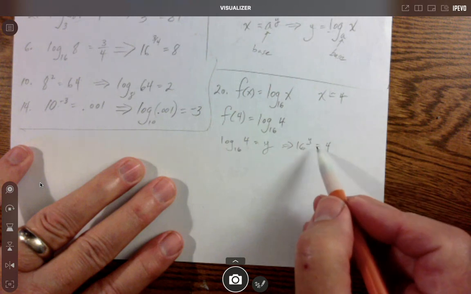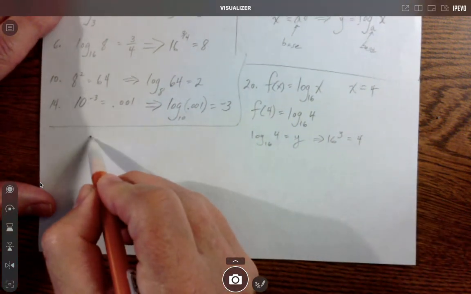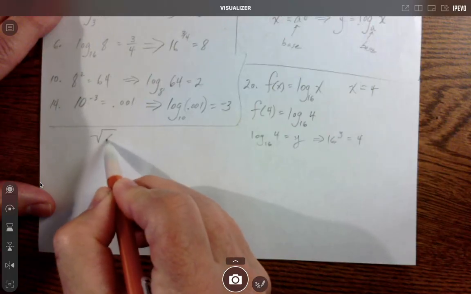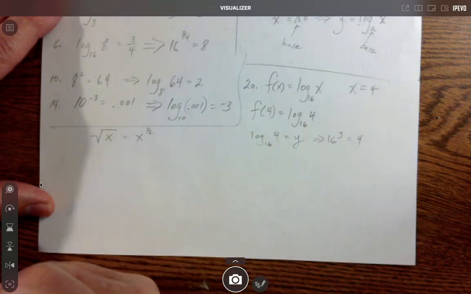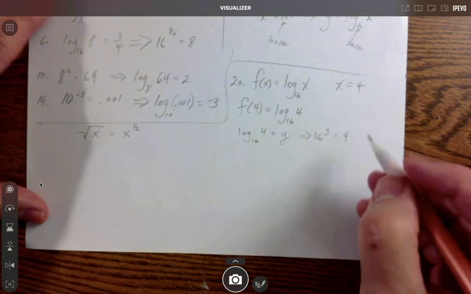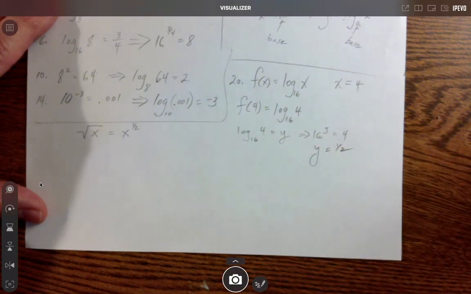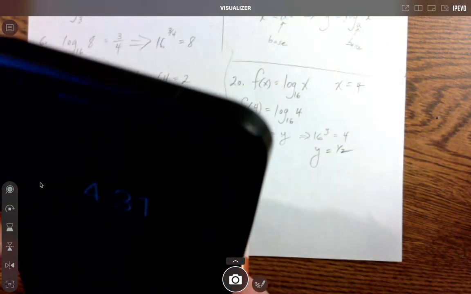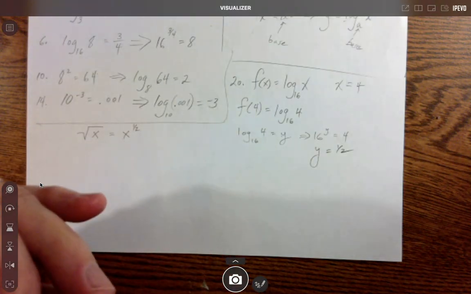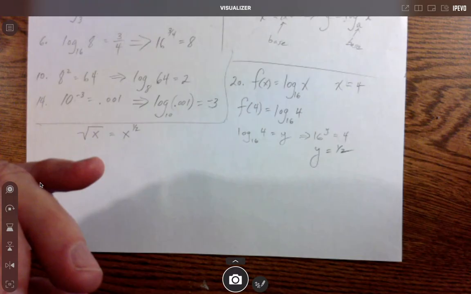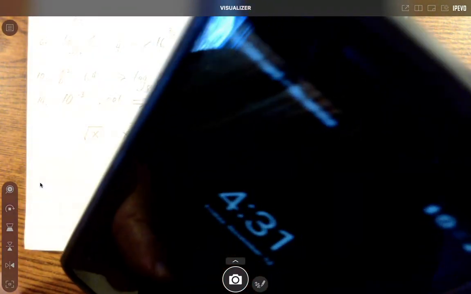And if you remember, the square root, let me just write it over here. The square root of something is the same as the 1/2 power. All right, so y is going to have to be 1/2. Put that in. Hold on, my calculator's not treating me right.